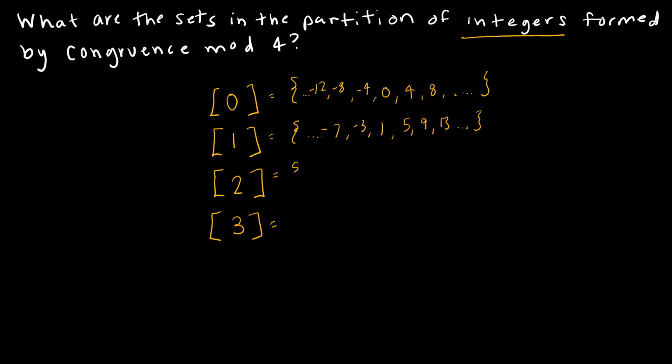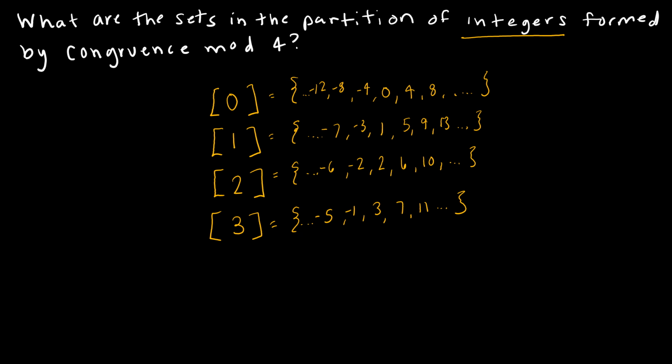And I'm going to continue that process. So 2, obviously, and then I'm going to add 4 and add 4, or I'm going to subtract 4 and subtract 4. And then for 3, obviously 3 works, and I can add 4 and add 4, or I can subtract 4 and subtract 4. Oof, try that again. 1 minus 4 is negative 5.